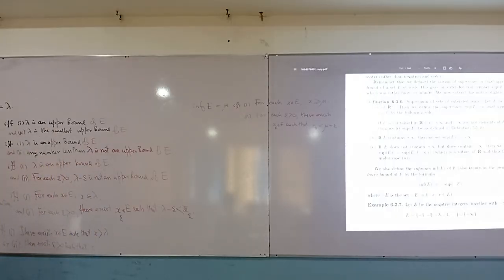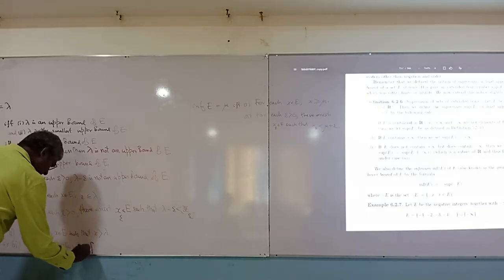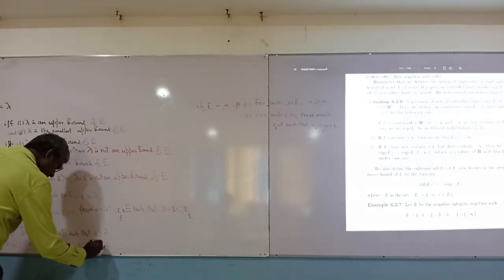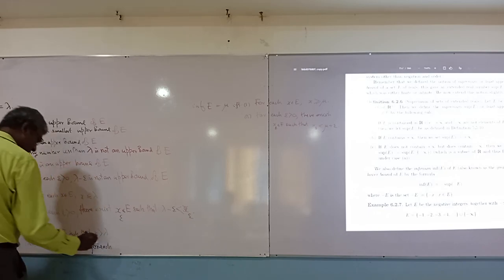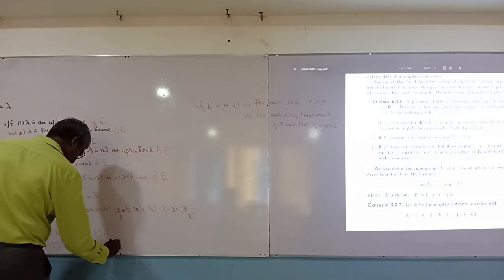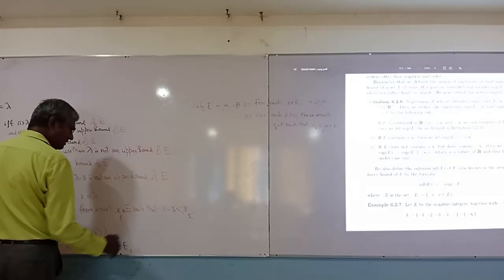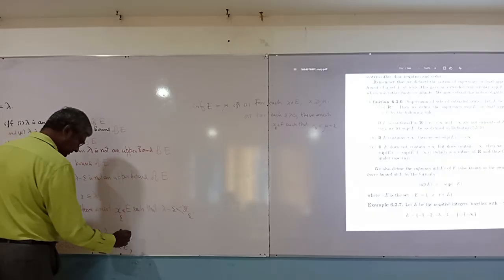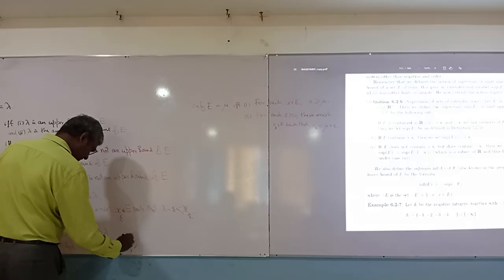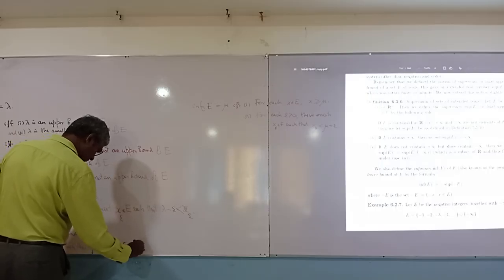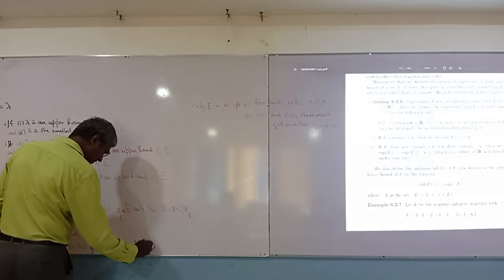when you go like this, I think it's easy for a student. For each x belongs to E, the other way around, no? Lambda minus epsilon greater than or equal to x.